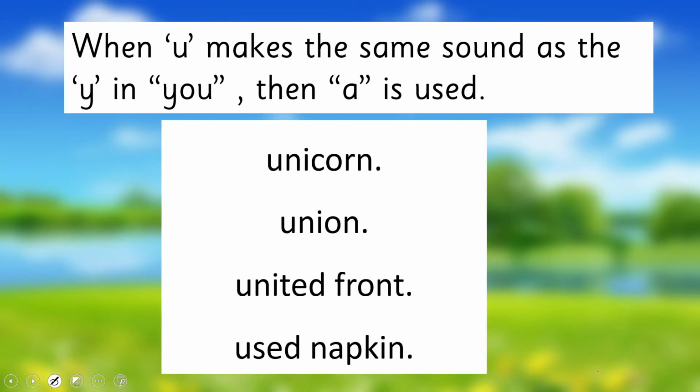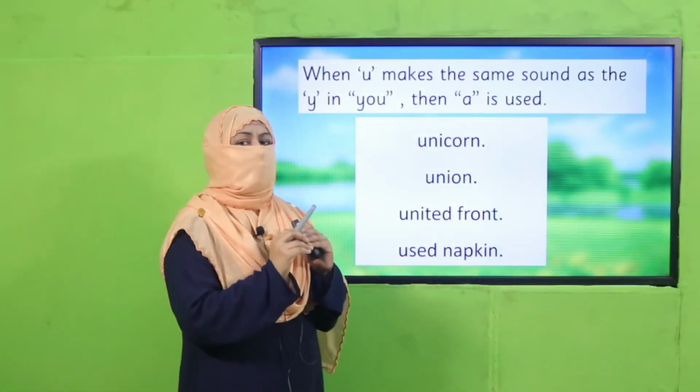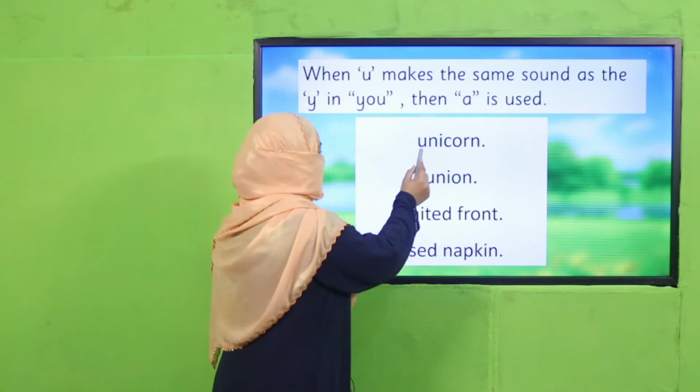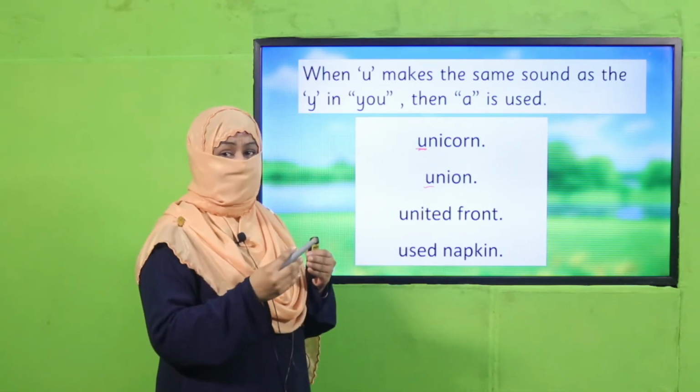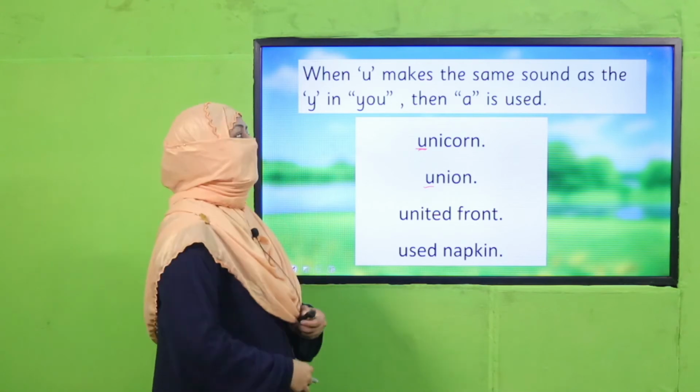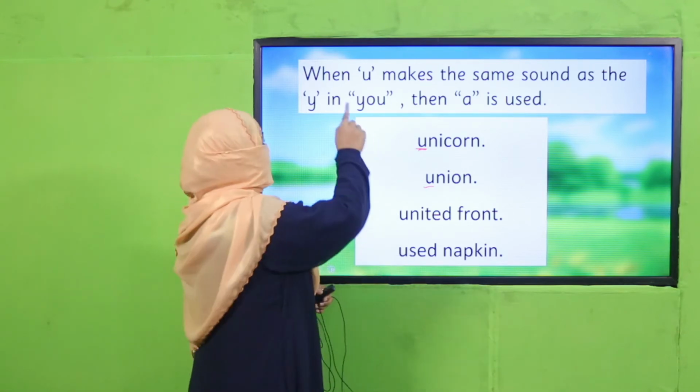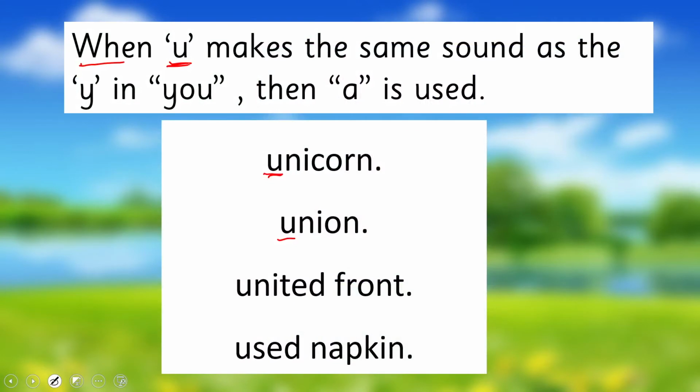Now, the next step is, remember, I have taught you, we will not blindly write "an" when we find a vowel. There are exceptions. Remember, you have learned what the exceptions are. For vowel U, sometimes it makes the same sound as Y in "you".